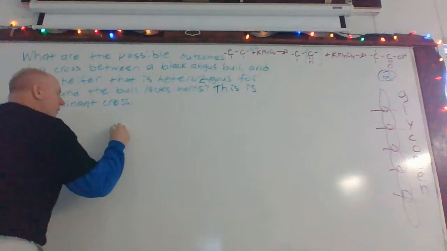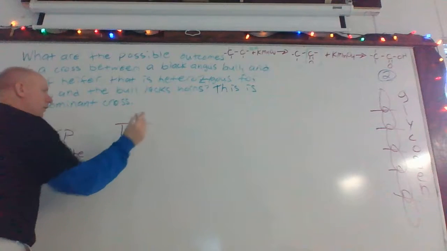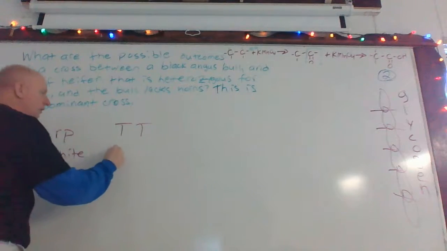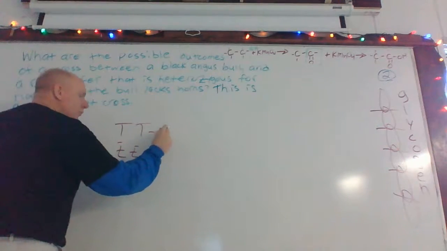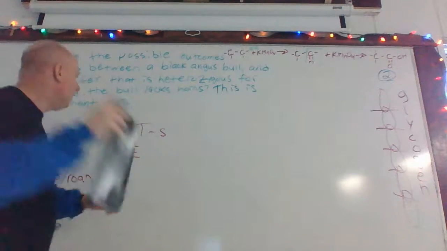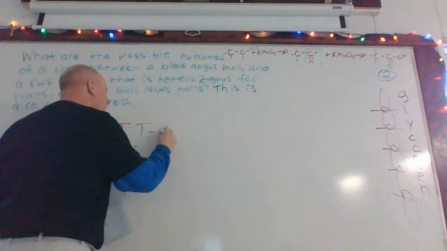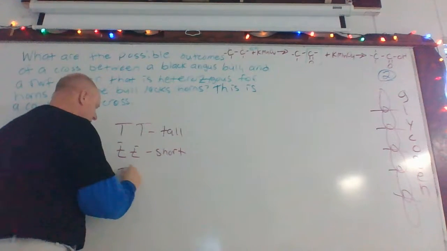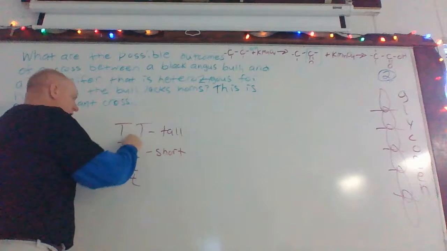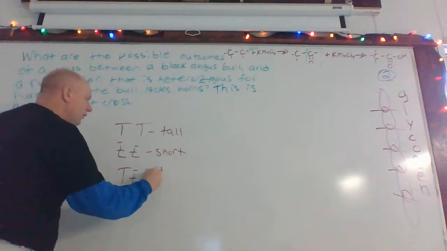Otherwise, like we mentioned, if you had tall in pea plants, we know that's tall, and both recessive traits would mean short. And if we had this intermediate form in a complete dominant cross, that's still tall.